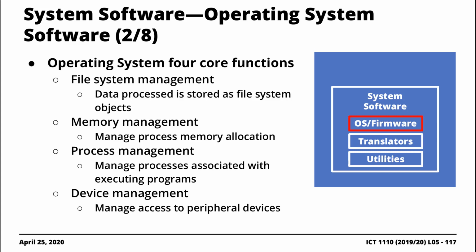The memory management would be associated with the memory, in this case the main memory, primary memory, right? So the role of the operating system would be to manage the memory that would be needed by the different processes currently running on that particular computer system.